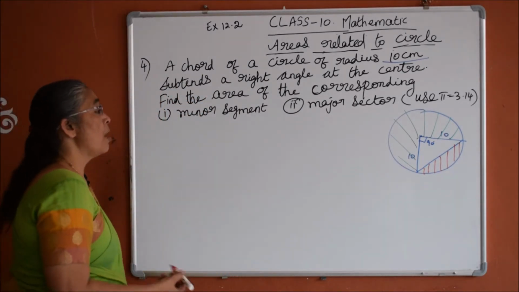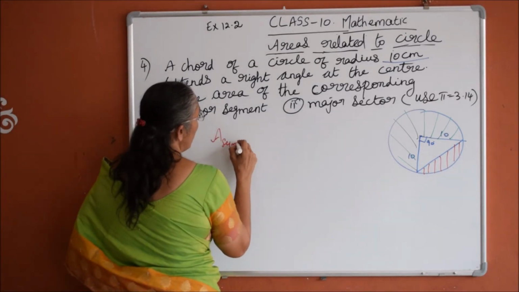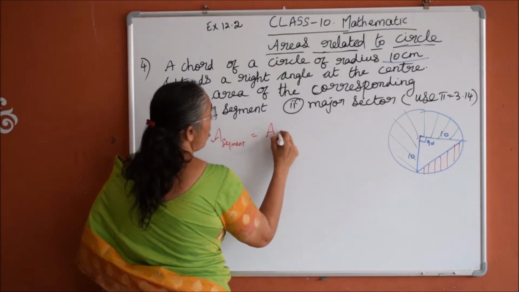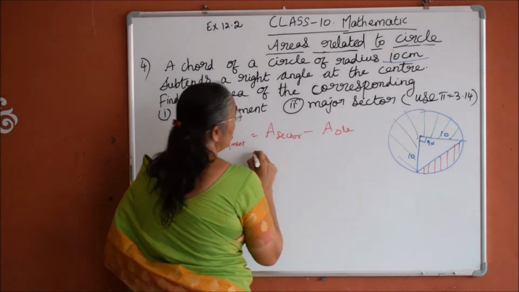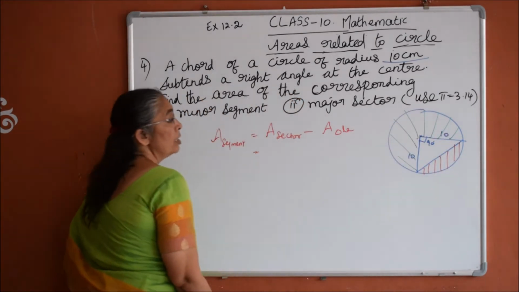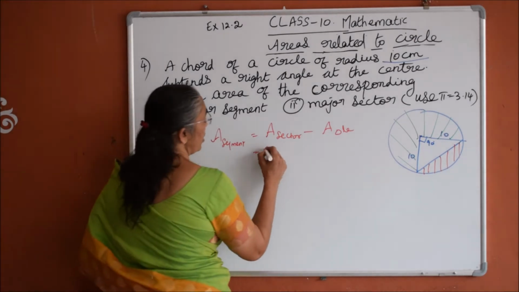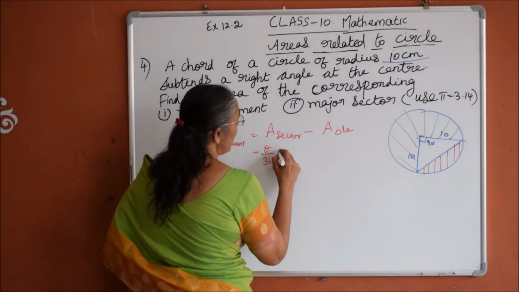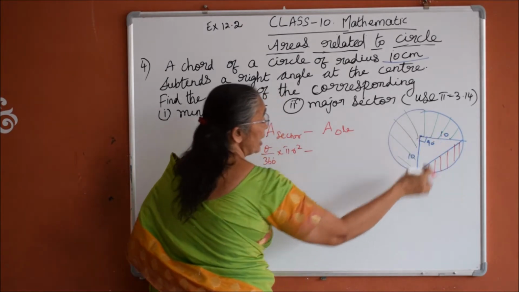Find the area of the minor segment. The area of a segment is given by area of sector minus area of triangle, right? The full area minus this triangle area. So, what is the area of the sector? Theta by 360 into pi r square, minus this triangle, which is a right angle triangle.